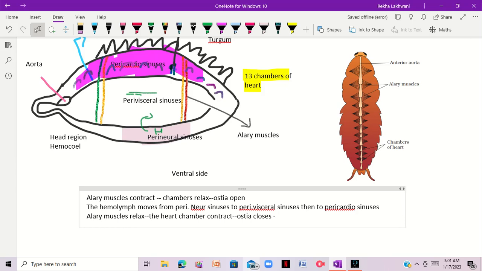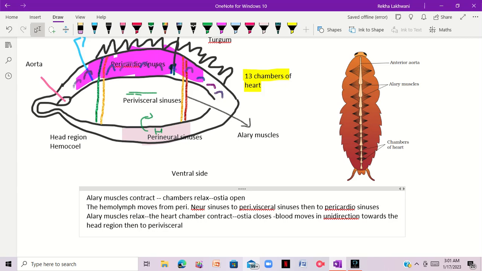The hemolymph moves from the aorta to the hemocoel cavity, then to the perivisceral cavity, to the perineural cavity, like this. Blood moves in one direction, towards the head region.